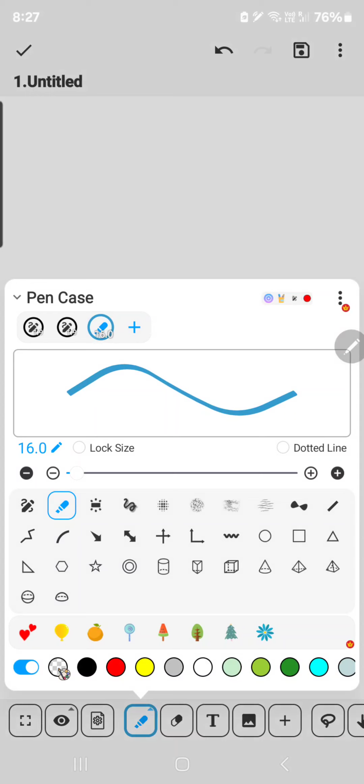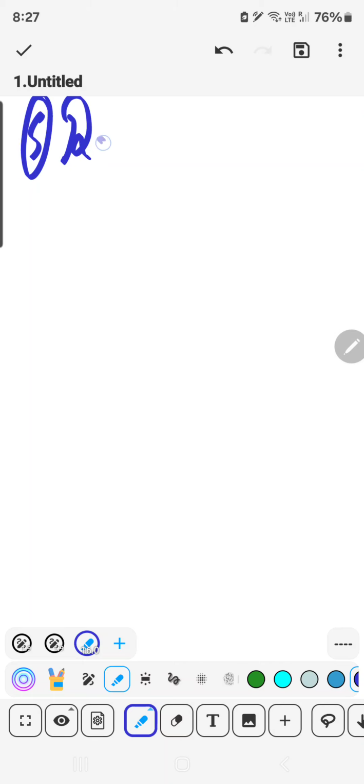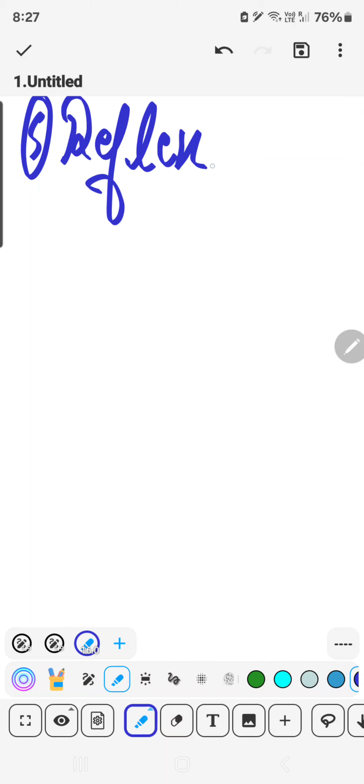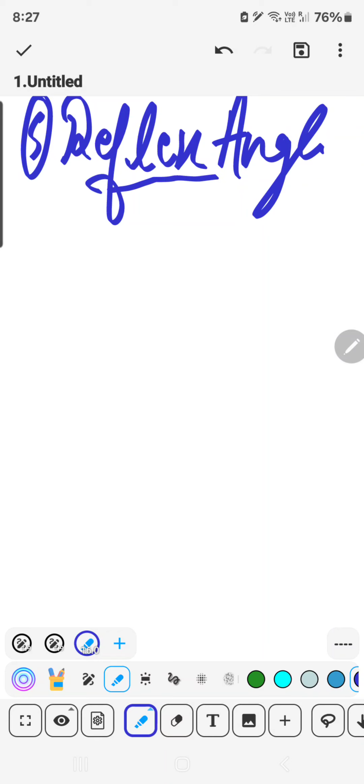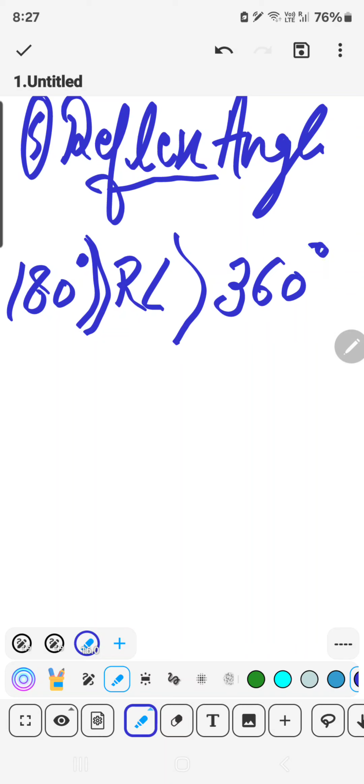Moving to our second last type, the fifth type, that is reflex angle. What is reflex angle? It is more than 180 degree but less than 360 degree. Clear?